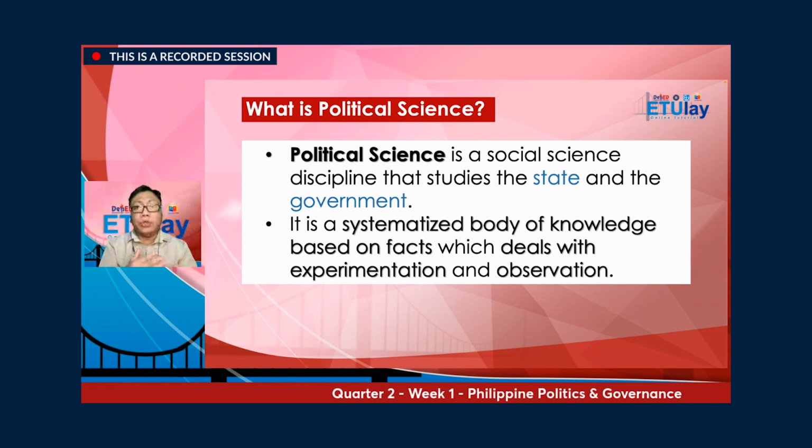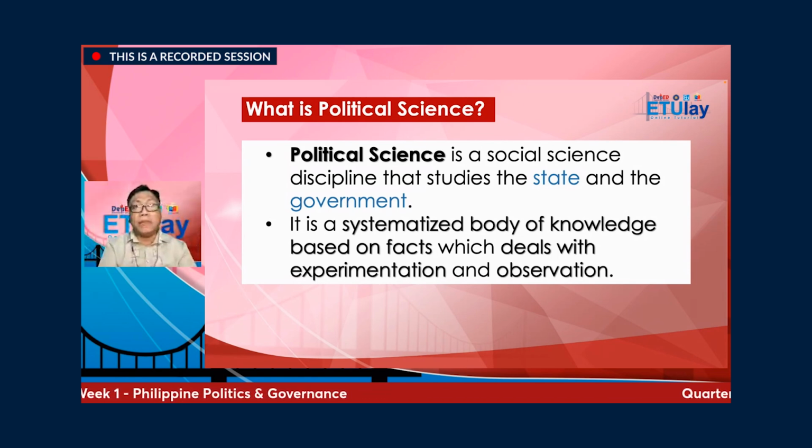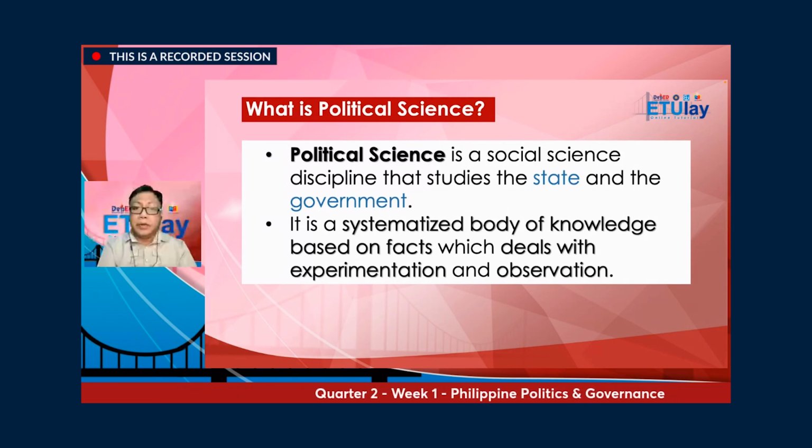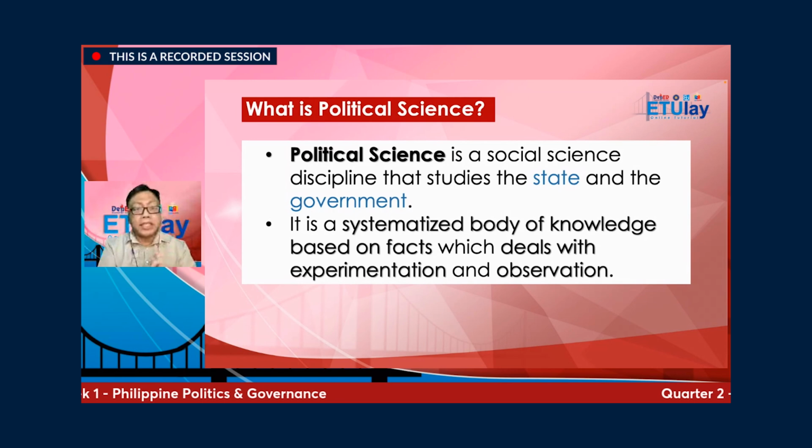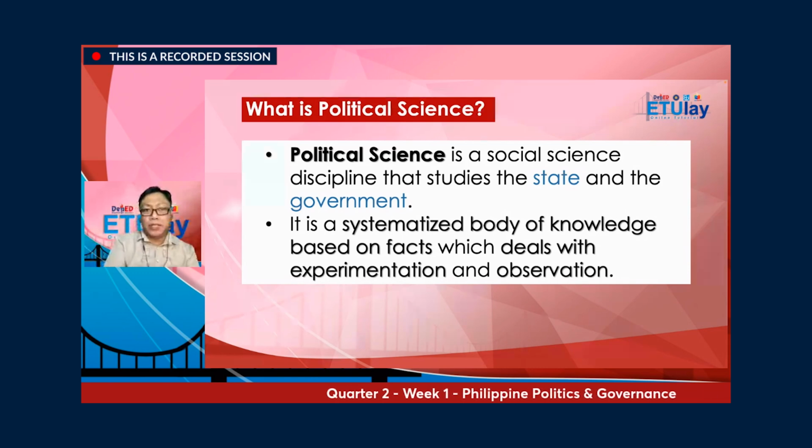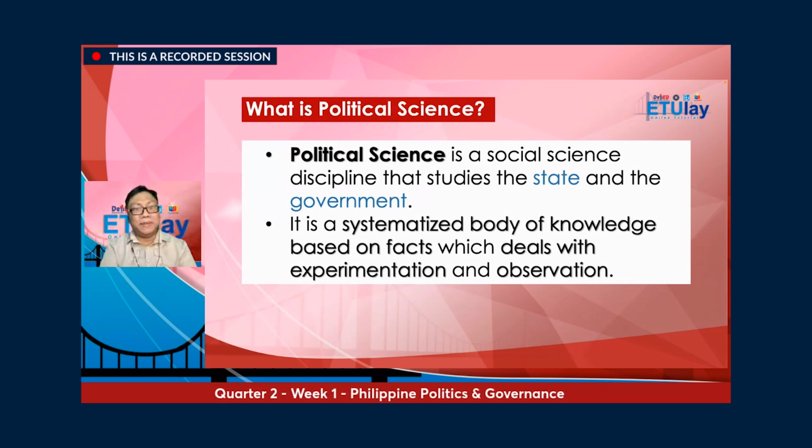There must be a tool in order to identify the phenomena and not just explain it without facts. So that becomes the politics. Before, for the ancient Greeks it was just mere philosophy, but now it's becoming more into science. Why? Because it is now systematized based on facts and knowledge and utilizing the tool of experimentation and observation.